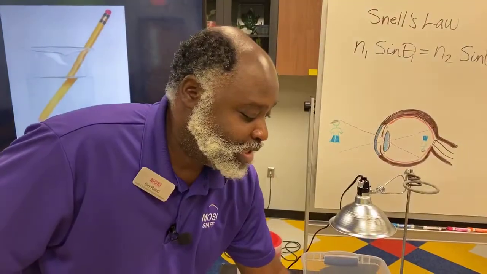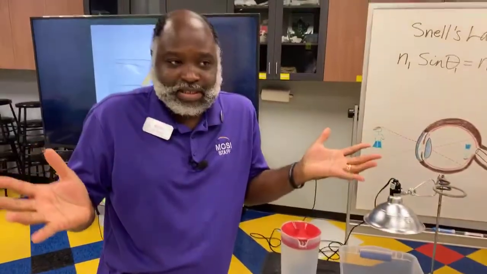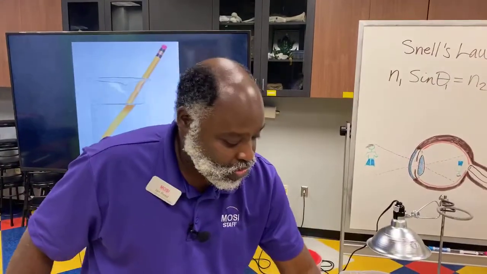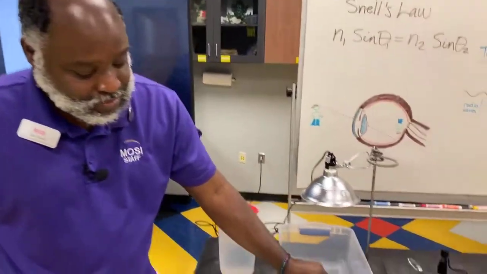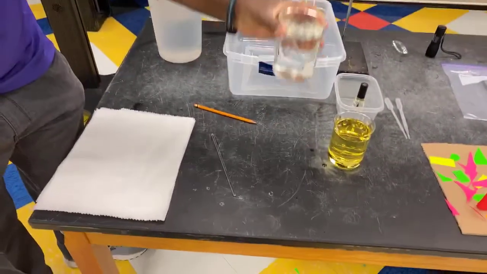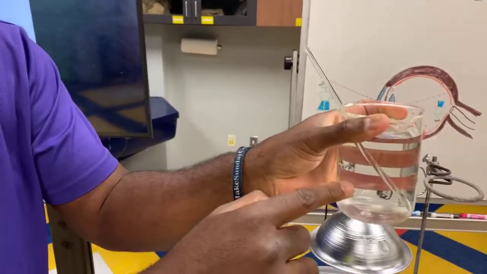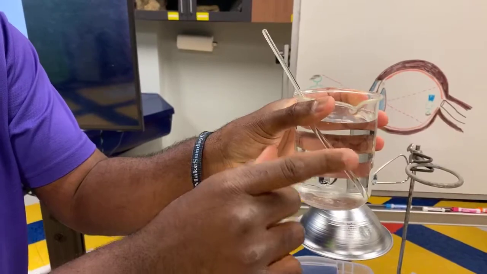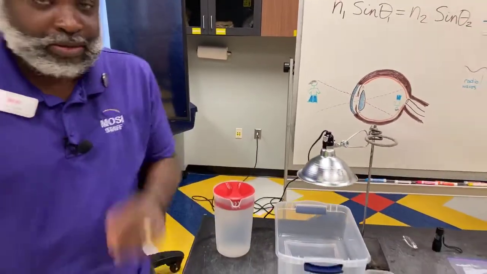Now, the great thing about science is, let's take something else into consideration. Let's try something else. So what if we had this wonderful glass stirring rod and placed it into water? You get the same thing. Notice it looks like it's magnified there, all right? And so that's in water.